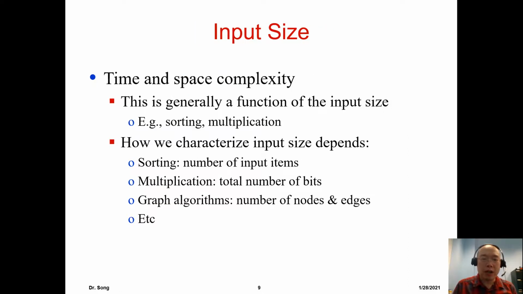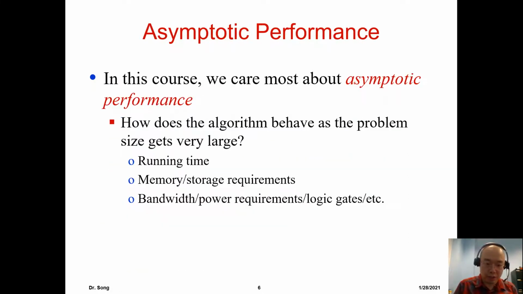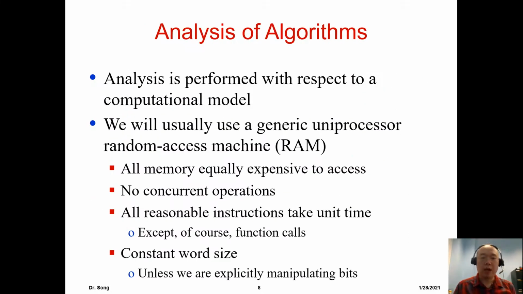Coming back to our assumption here, we are assuming that all the primitive steps are equally expensive, so they require almost the same time to run.